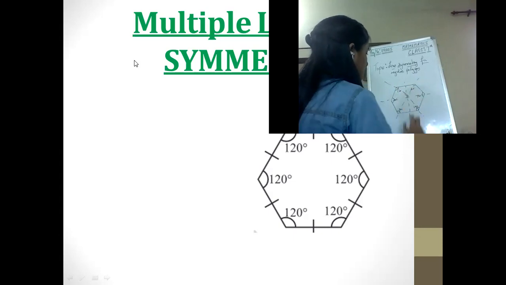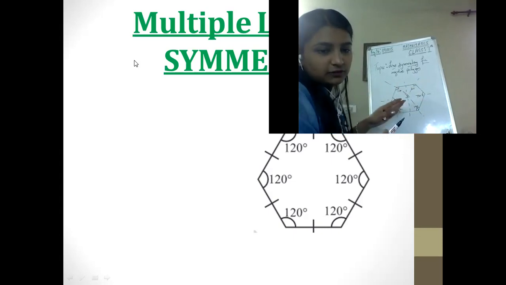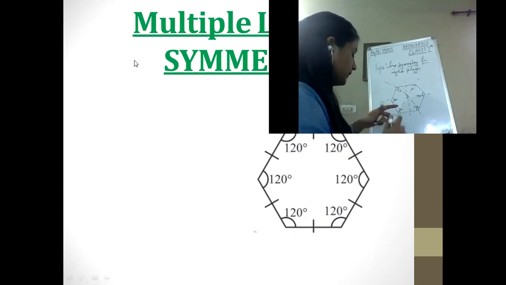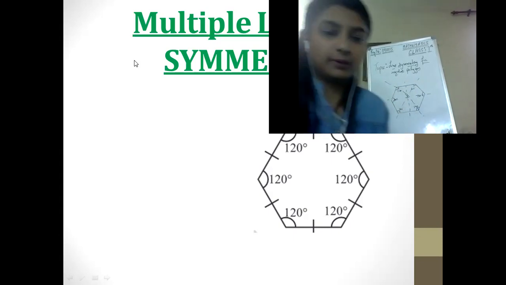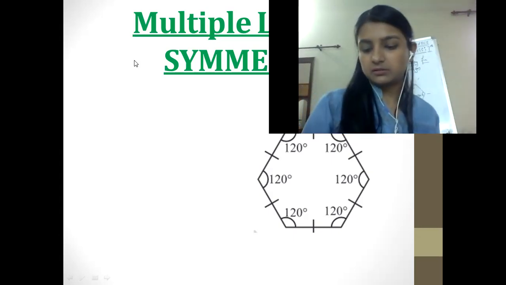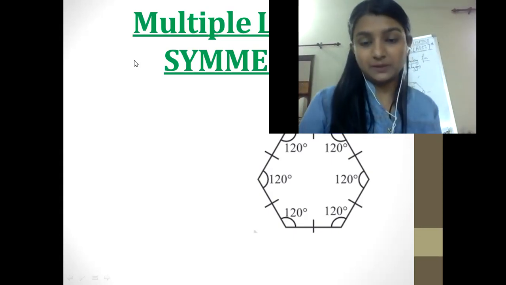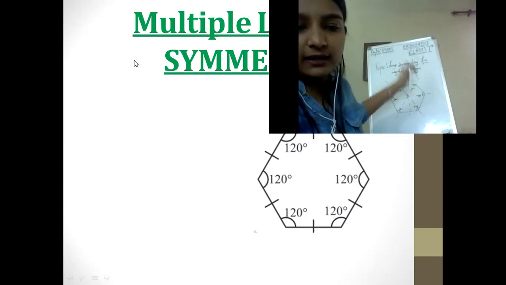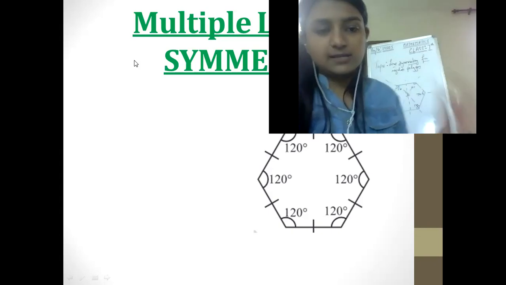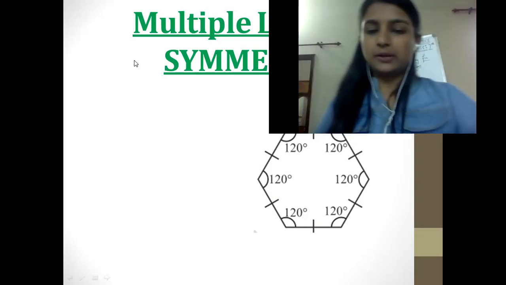What you are observing is that there are a lot of lines of symmetry which we are obtaining, and this is the concept of multiple lines of symmetry which we are doing now. But in the previous classes we have done the single line of symmetry which is dividing the image into two parts. But here we can see that it is divided into so many parts.